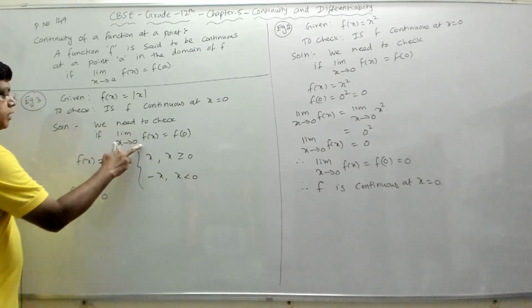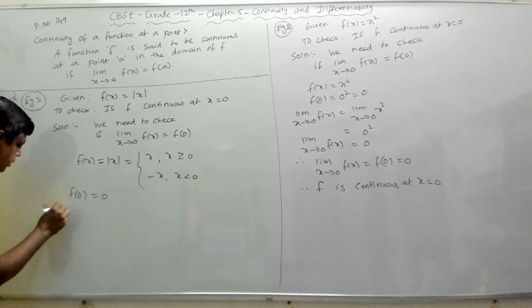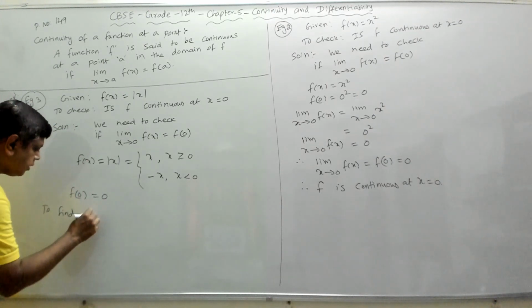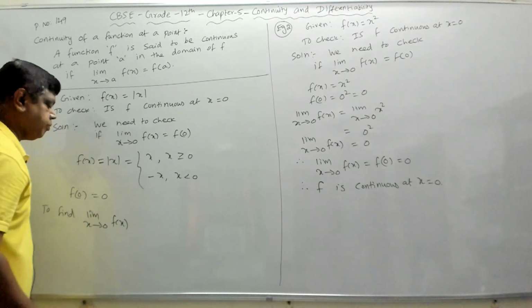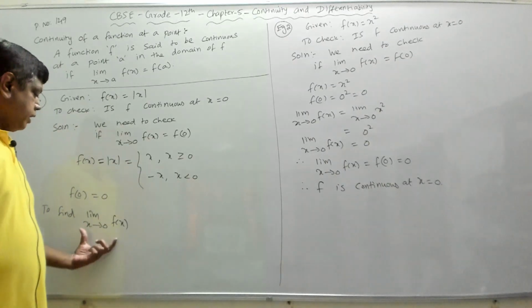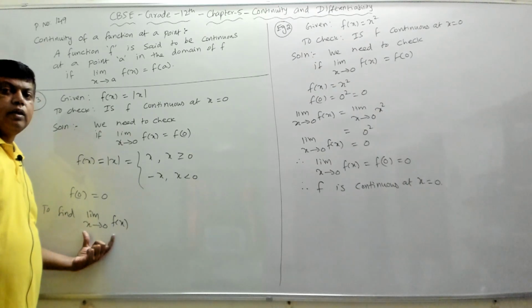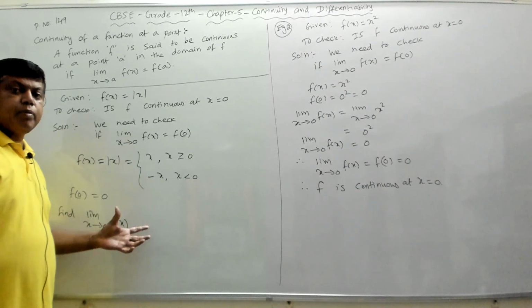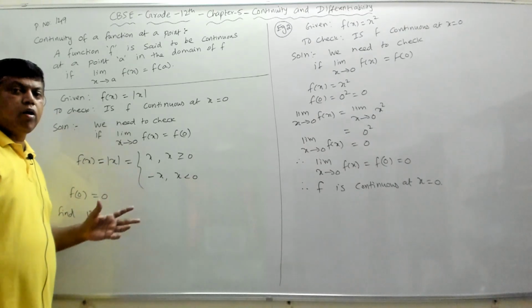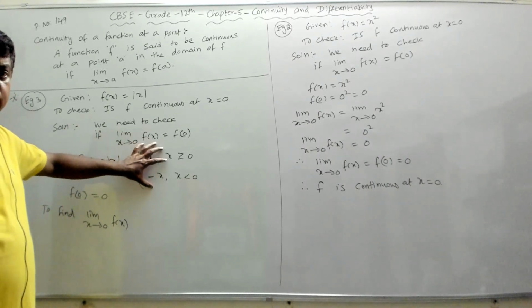Now we must find limit x goes to 0 f of x. To find limit x goes to 0 f of x, here we cannot directly substitute the limit in the function and find the value, because if you observe the function f of x, you have to only see this definition.